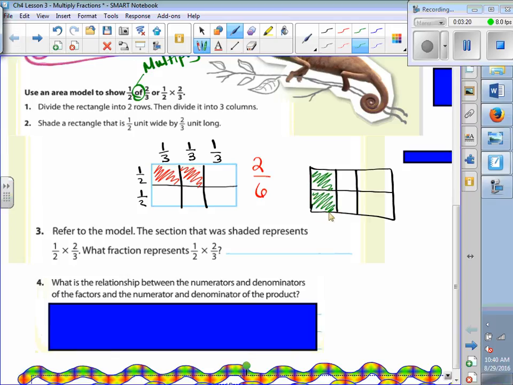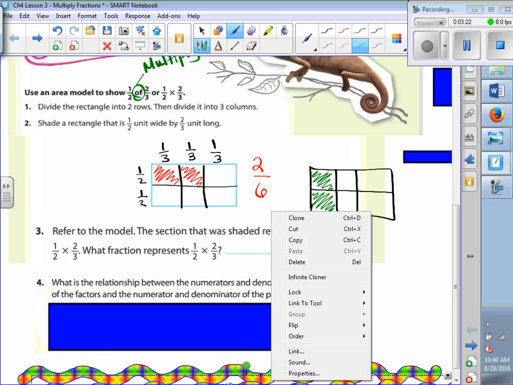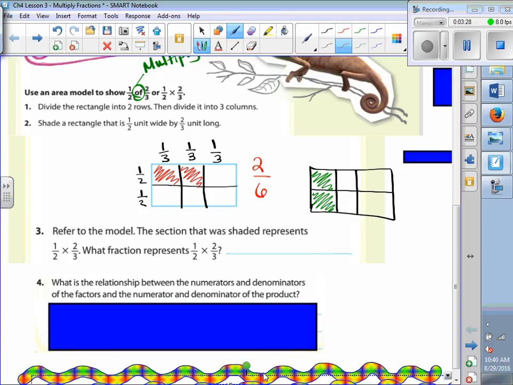Is that still 2, 6? Yes. That's still 2, 6. Now, I'm going to redivide this box, okay? Let's say we've got this and this and one more. Now, the box is divided into how many? 3. See the red boxes? Yes. Okay. So they're divided into 3 boxes.